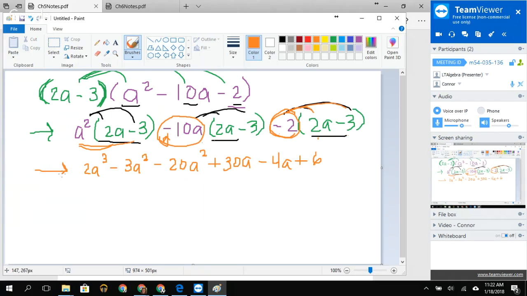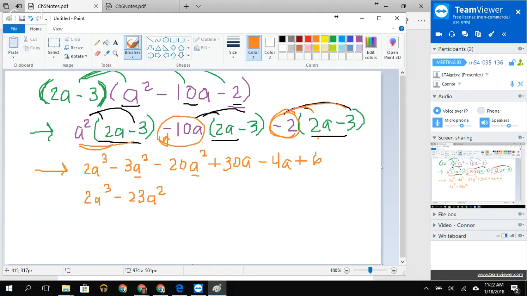So then once we get here, we get to practice our adding and subtracting polynomials together, right? We have an a cubed, that's the only one. So 2a cubed stays by itself. Then we have -3a squared and -20a squared. So that's -23a squared.